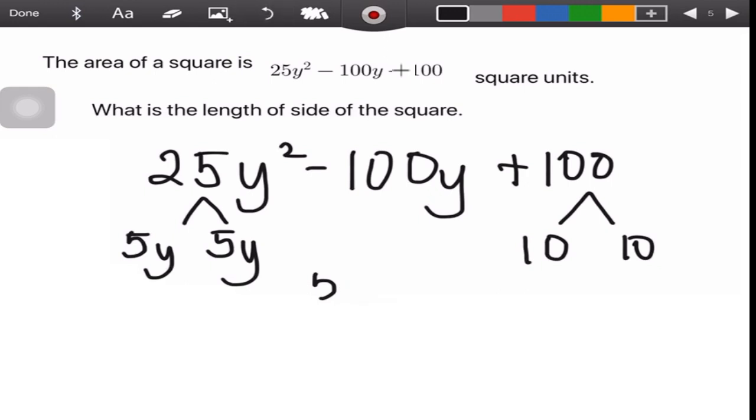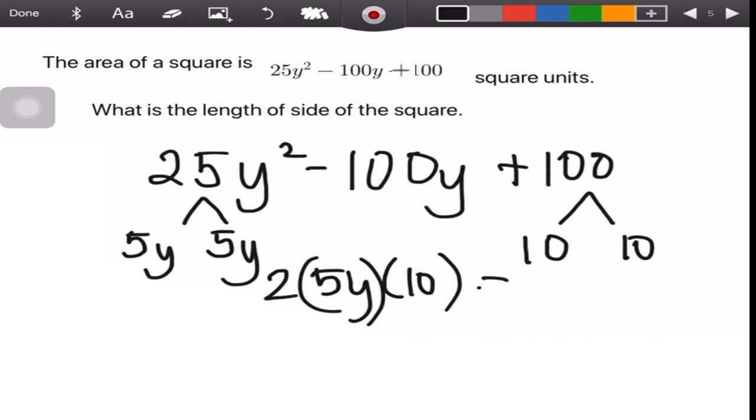So 5y times 10, and then don't forget to double it, or multiply it by 2. 2 times 5y, that is 10y, times 10, that is 100y. So this is an example of a perfect square trinomial. So we will write the factors.